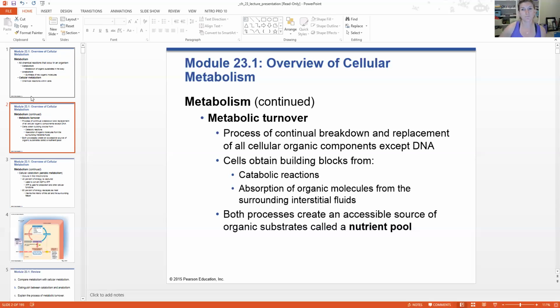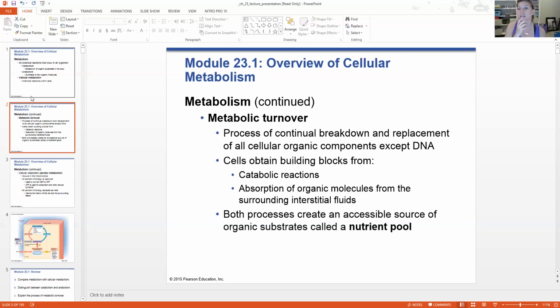So all of the ingredients, or building blocks, as we like to say, for these necessary molecules are coming from our respiratory and digestive systems. Our respiratory and digestive systems basically provide what we call a nutrient pool.